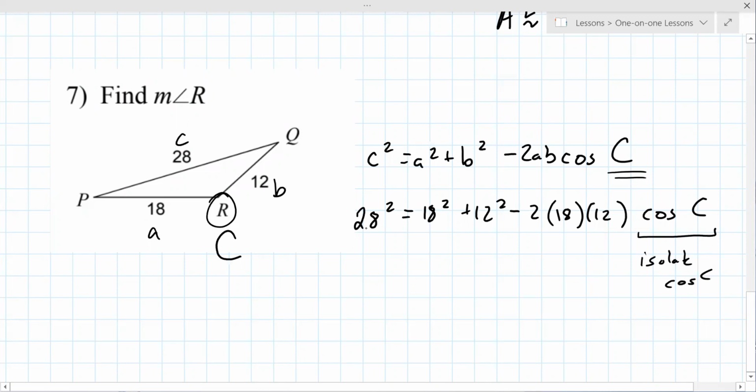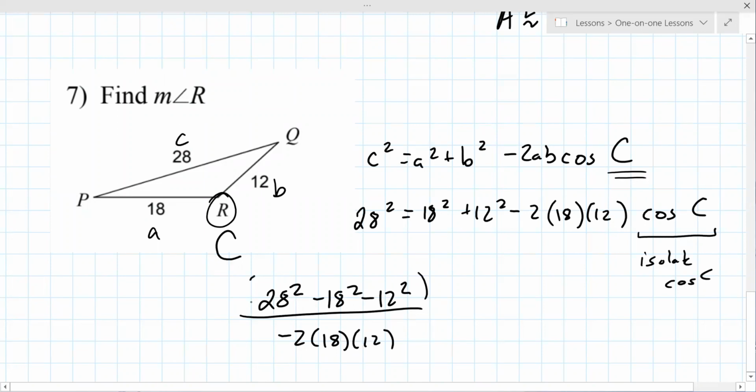You have to subtract 18 squared, subtract 12 squared, then divide by -2 times 18 times 12, whatever that is. So here, let me just show you what this looks like. It's 28 squared minus 18 squared minus 12 squared divided by -2 times 18 times 12.